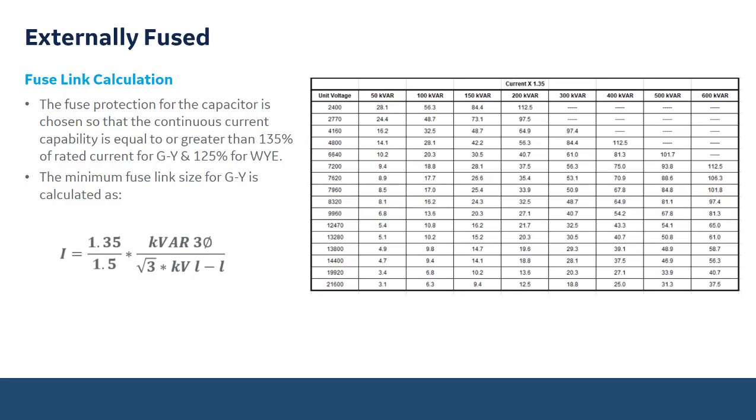The fuse protection for the capacitor is chosen so the continuous current capability is equal to or greater than 135% of the rated current for grounded Y and 125% for an ungrounded Y. And then this is the minimum fuse link size. Obviously, the smaller fuse link size, the reduced cost. So based on the system requirements, I size it based off of here.